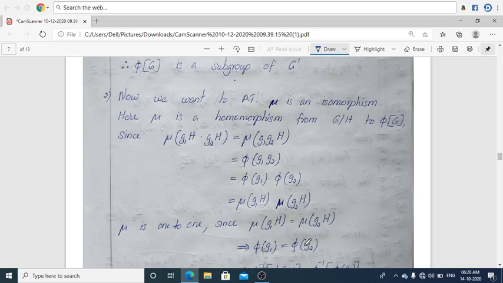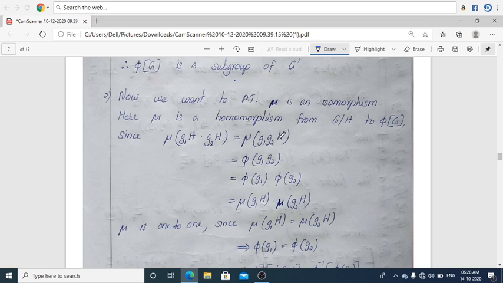We will start from mu of G1H into G2H. H normal subgroup, H is the kernel, so G1H into G2H, left coset multiplication well defined ആണ്. So G1H into G2H is equal to G1 G2H. So this is equal to mu of G1 G2H.